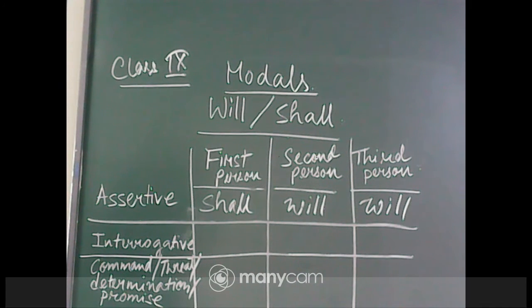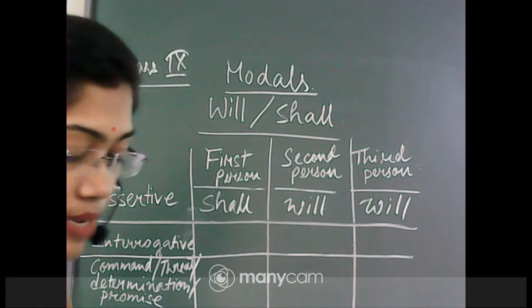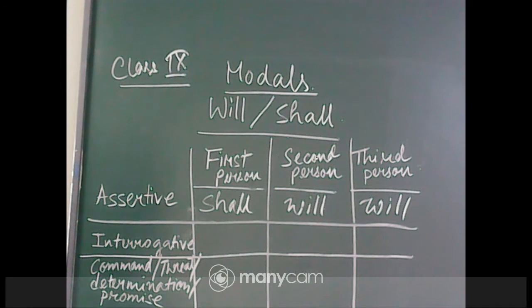So in the next part, that is the interrogative sentences. Now interrogative sentences means what? The sentence is a question and the sentence will be starting with either will or shall. So for that kind of interrogative sentences we will follow almost the same thing.